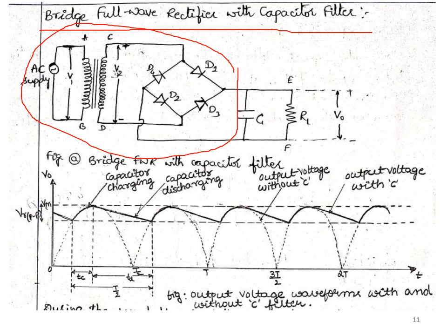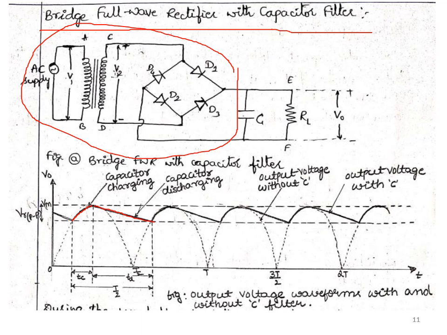Here also in the positive half cycle, once the output voltage V0 is equal to the capacitor voltage, at that point the capacitor starts charging to the maximum value. Once the output voltage is less than Vm, the capacitor starts discharging to the next cycle value, then again the capacitor will charge and discharge.